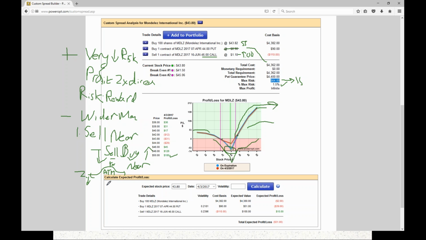Here I'm buying an at-the-money option, which has the highest time value right now of all options in that April series. So I'm buying at the money, which is opposite of what we typically want to do, and I'm selling out of the money for the lowest time premium. So this 46 has a much lower time premium than the at-the-money June 44.